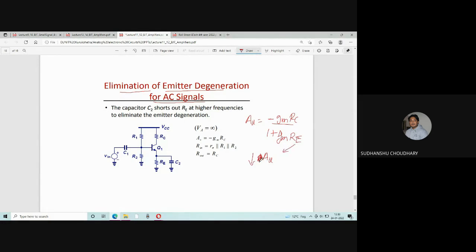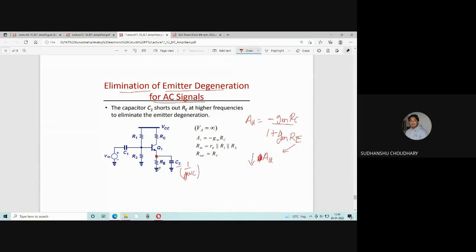So to improve this AC gain, we would like not to have RE while amplifying AC signals. So how to ensure that? One can connect a capacitor over here across this RE. Now the job of this capacitor would be that for a small signal or for AC signals at high frequency, this capacitor will act as a short circuit.